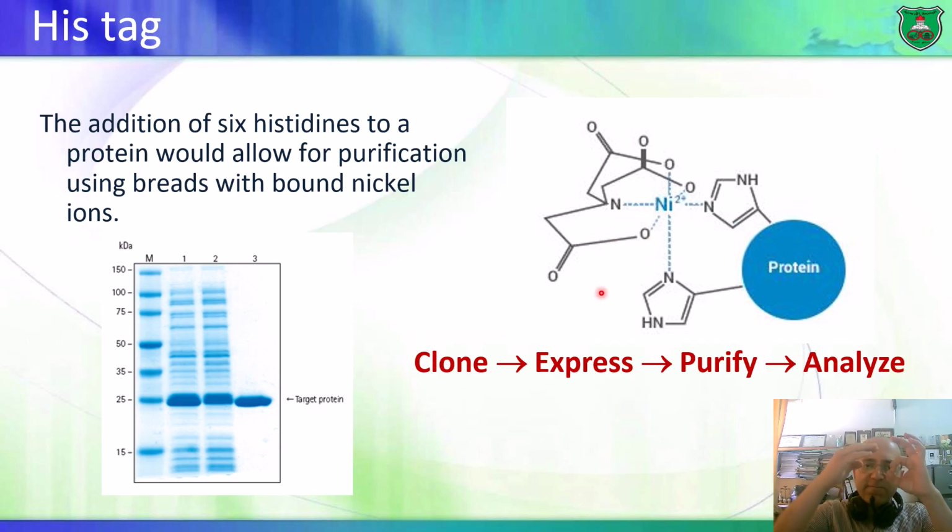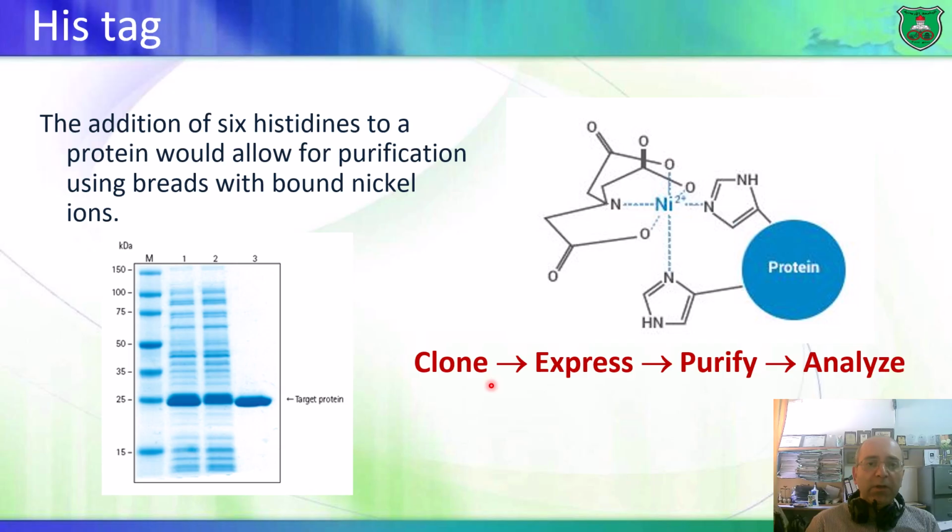So everything else passes through the column, and inside the column we would have beads with nickel on the surface, and the protein with the histidines attached to these beads, and then we can release this protein later on. So again, this is a sample before. These two samples are before purification. This is after releasing the protein from the column.